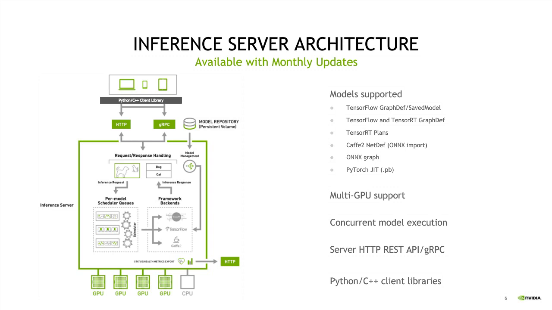A lot of framework backends are supported, such as TensorFlow, TensorFlow-TensorRT, TensorRT, Caffe2, ONNX, and PyTorch, and we also support running these frameworks on CPU if the framework itself supports it. And Triton will also manage all the GPU resources in a single node and balance the workloads, and this is very important for your deployment in the data center.